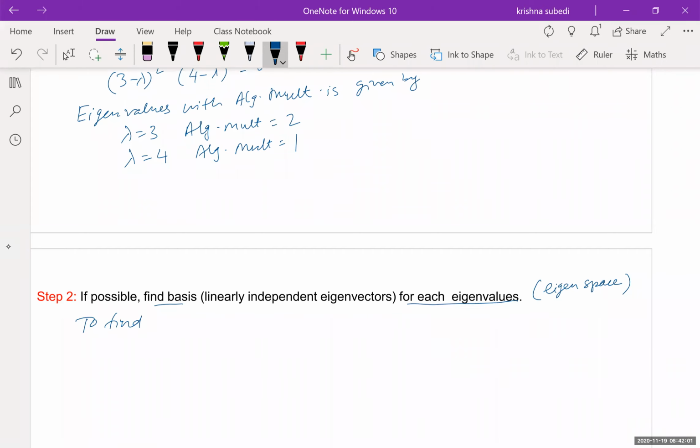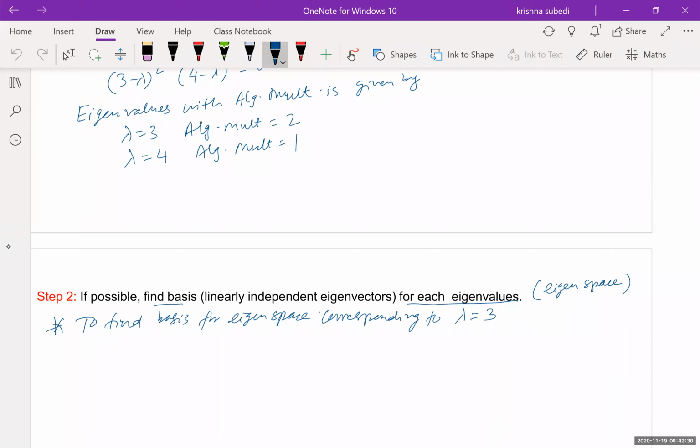To find the basis for the eigenspace corresponding to lambda equals 3, because here we have lambda equals 3 and lambda equals 4. So let us find the basis for the eigenspace for each of these lambda values.